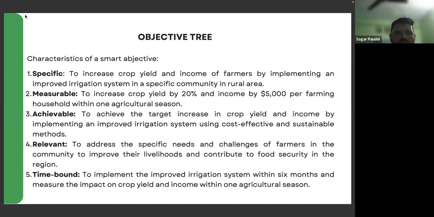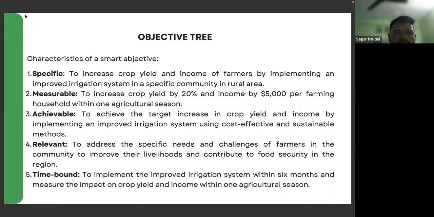So what is our objective? We have always mentioned that our objective needs to be SMART: specific, measurable, achievable, relevant, and time-bound. In specific, we need to focus on a specific part, a specific topic, or a specific subject matter we are dealing with.